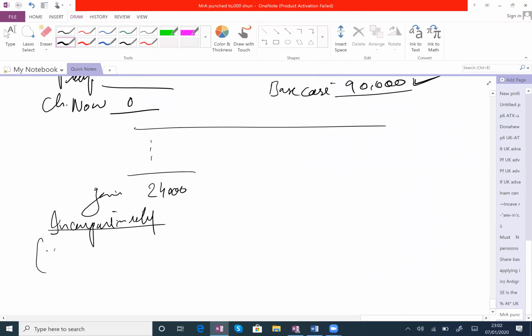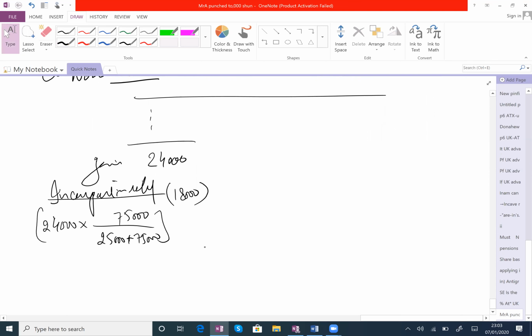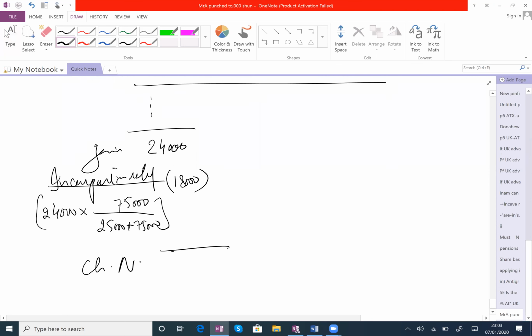So the formula of incorporation relief is gain, which is 24,000, multiplied by share consideration, which is 75, divided by total consideration. Total means cash 25 plus shares 75, which is 100. So 18,000 gain will be deferred, and the chargeable gain now is 6,000. On this 6,000 you have to pay the CGT now.